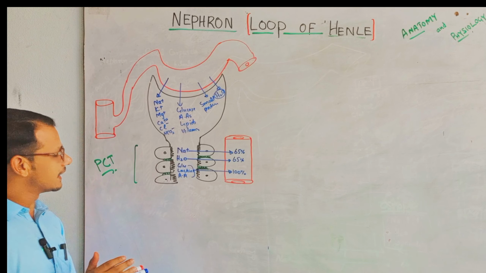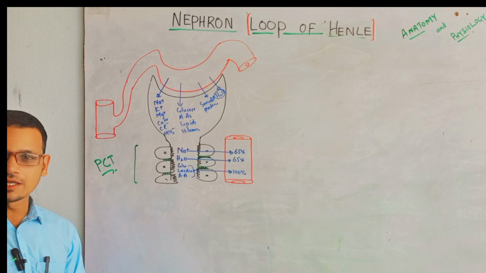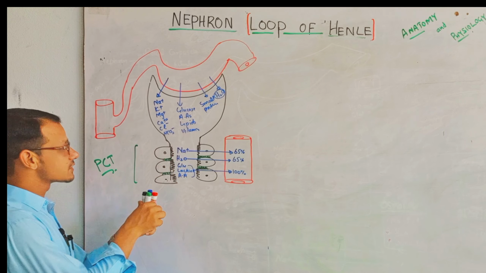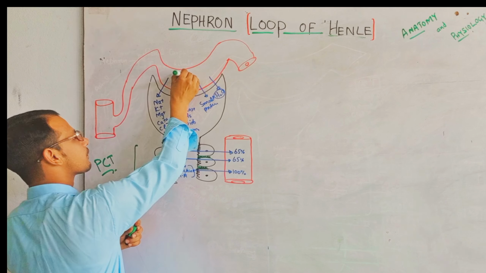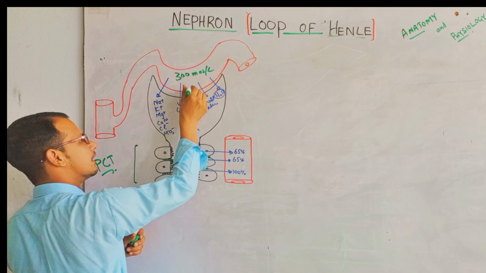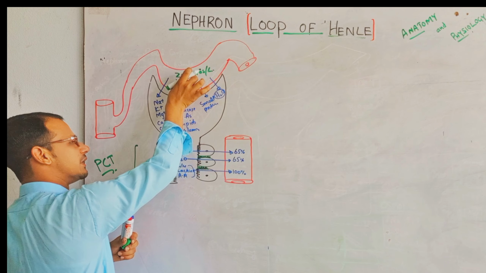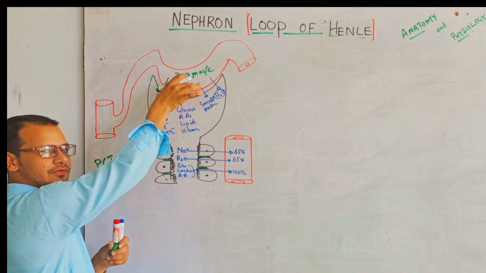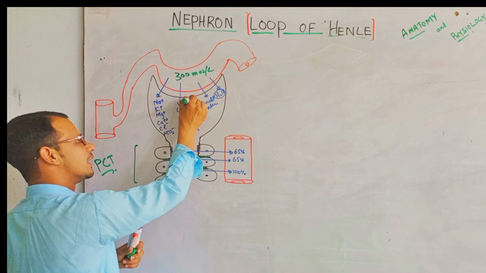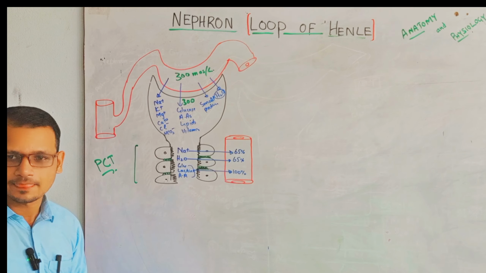But one thing about the osmolality: what will be the osmolality in the proximal convoluted tubule? Here the osmolality is 300 milliosmol per liter. In Bowman's capsule, because all the nutrients, all the solutes are filtering, the osmolality will be the same.